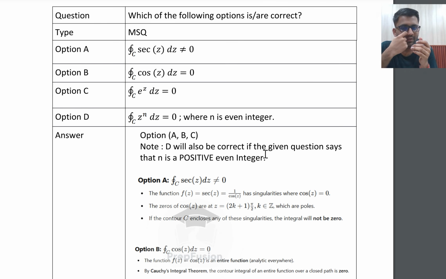Are you getting this point? We are not sure about the data that was given in the examination, but if it is mentioned only as even integer, then option D will not be the answer. But if it is mentioned as a positive even integer, then option D would also be correct. So this we have already written here.